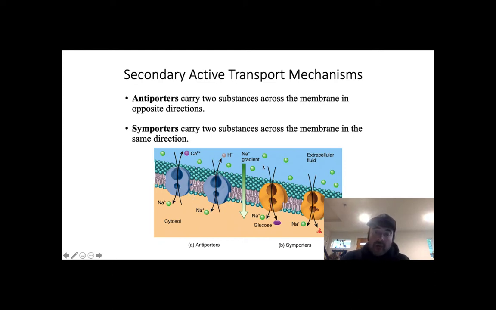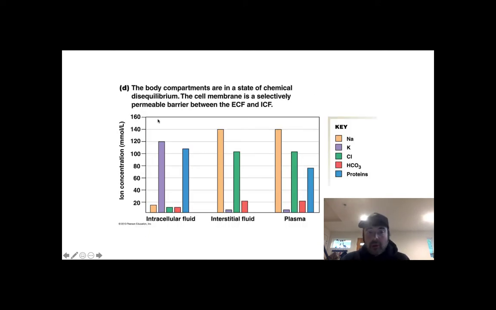Or you can have symporters, which physically move both sodium and whatever other solute you're trying to move in the same direction, like the sodium glucose cotransporter or sodium amino acid cotransporters. But all of these are secondary active transport because the movement of one solute is being coupled to the energetic gradient inherent to sodium.